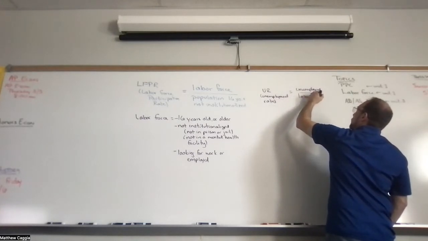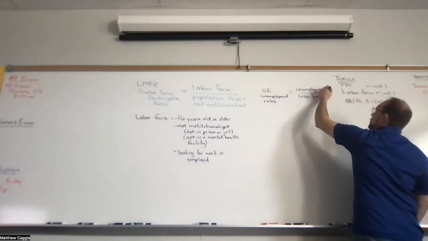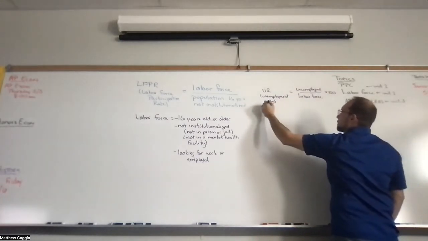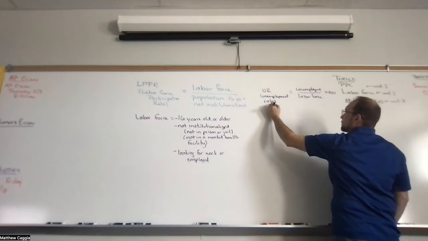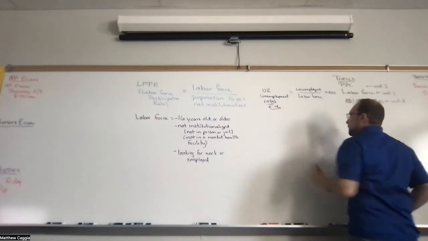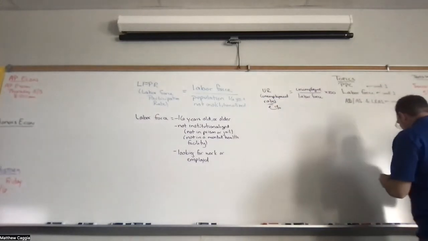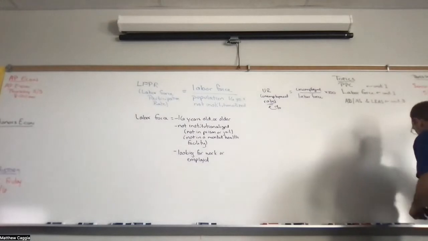By the way, I need to put it over here also, times 100, because it is a rate. Rate means it's a percent. And so I need to put the other one times 100 also, because it is a rate.